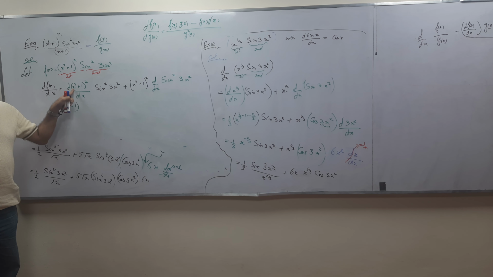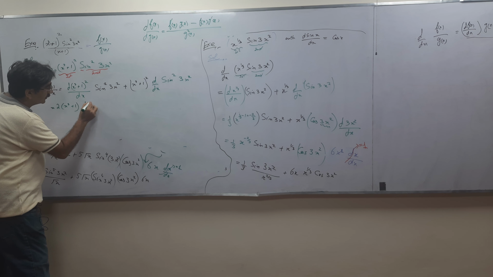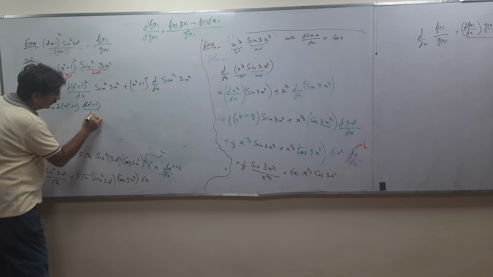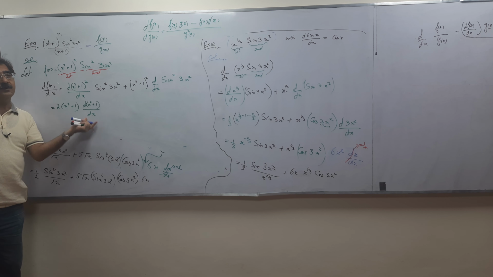Now the derivative of x cube plus 1 over dx. Power will be shifted, 2 minus 1 equal to 1, and then the derivative of this argument.